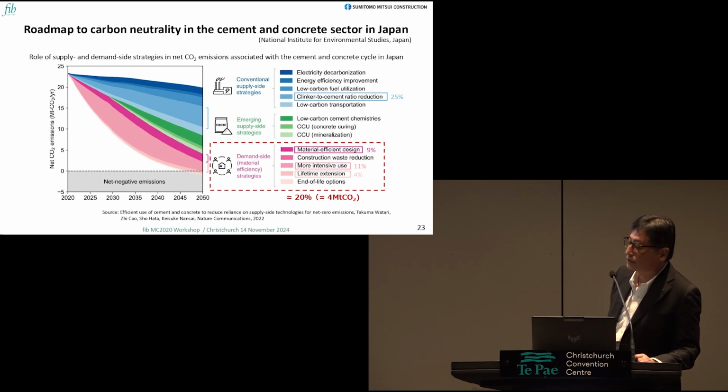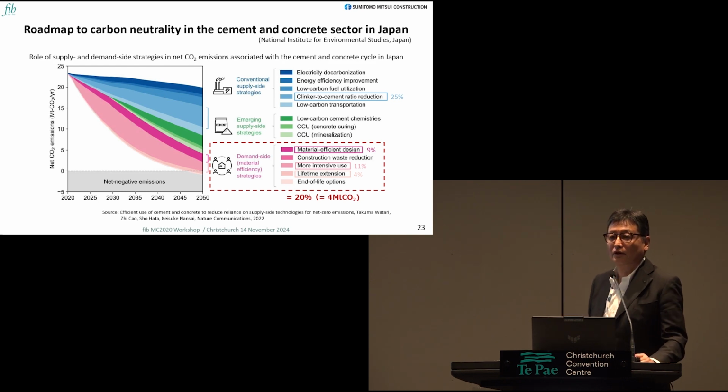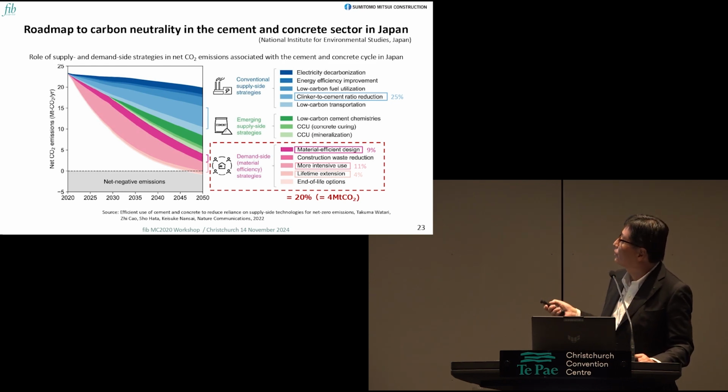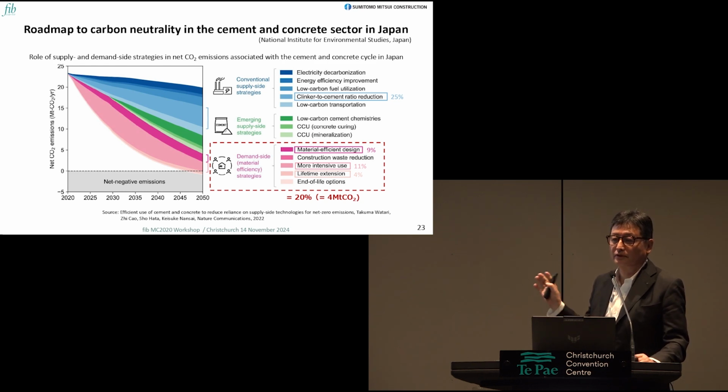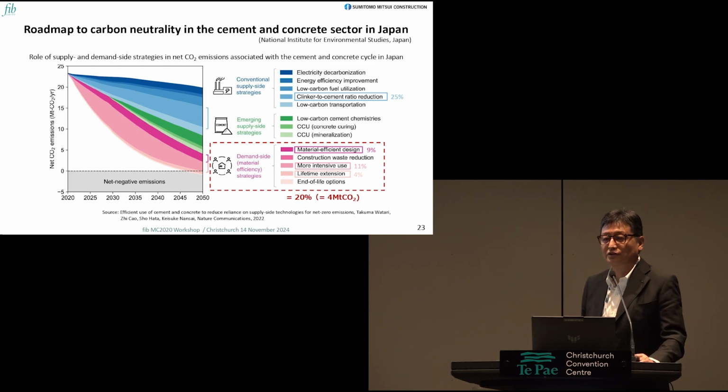And this is a Japanese example. Here is non-clinker cement, about a 20% contribution. And also this is the demand side, about 20%, roughly equal to the GCCA's roadmap. But the most important thing is material efficiency design.